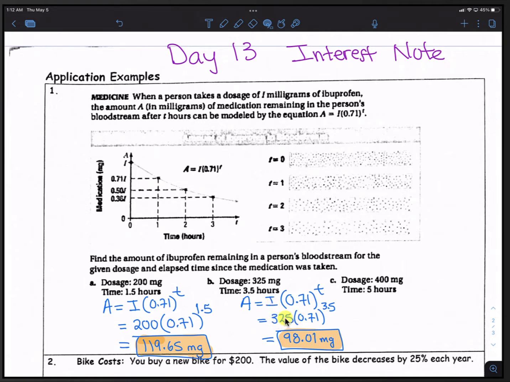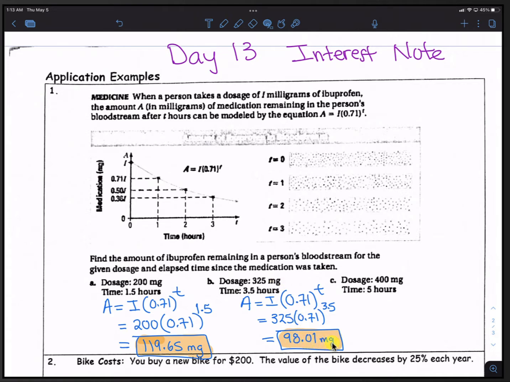That's 325. And we replace T with 3.5 hours and put it in our calculator. And we end up with 98.01 milligrams. So what does all this mean? That means if we start with 325 milligrams of ibuprofen in our bloodstream, after 3.5 hours, we would have 98.01 milligrams left.